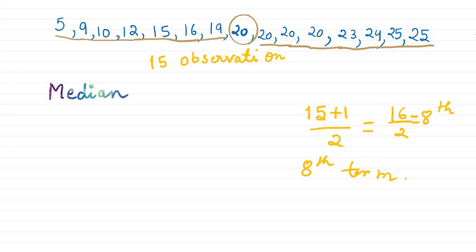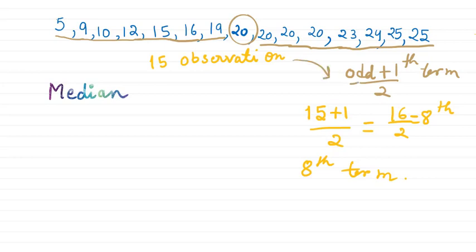So like this also you can calculate, or if you want to remember the formula, you can write here odd numbers. If you have the observations in odd number, then the odd number plus 1 by 2 will give you the term that is the median. So you can use this formula if you have an odd number of observations.